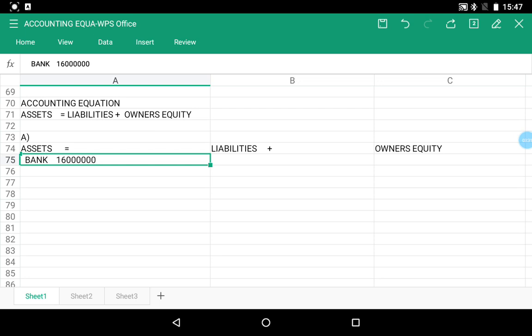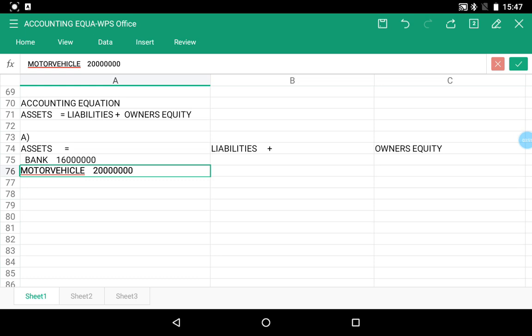So here also we have motor vehicle, 20 million. So this business started with cash at bank of 16 million and a motor vehicle worth 20 million.